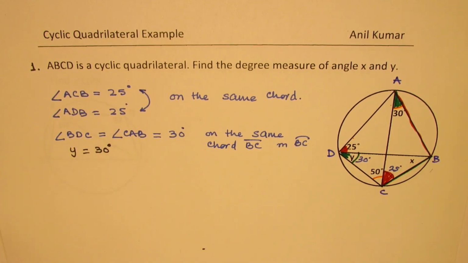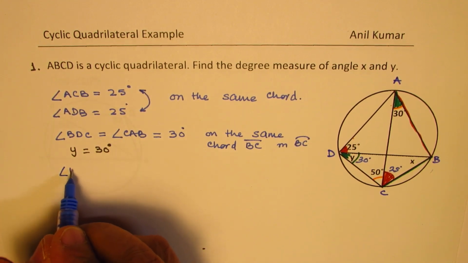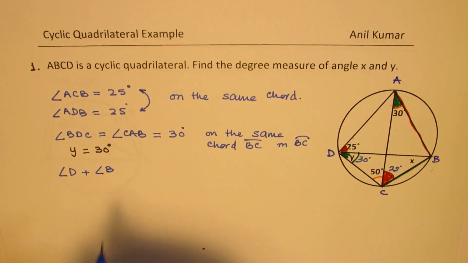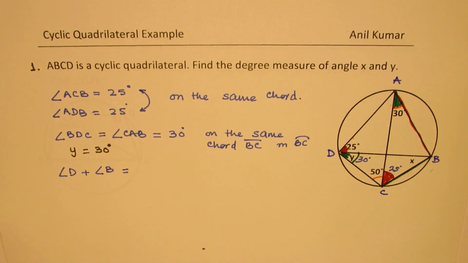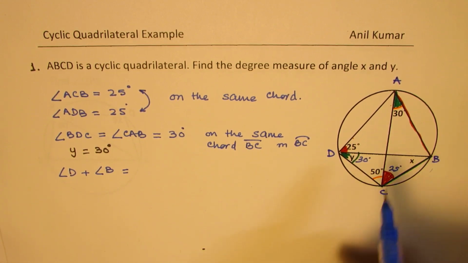To find X, we'll use the properties of cyclic quadrilateral, that the sum of angle D plus sum of angle B should be equal to 180 degrees, right? That is the property which we are going to use, but before that, I notice that this angle is also not known, so we have to figure this out.